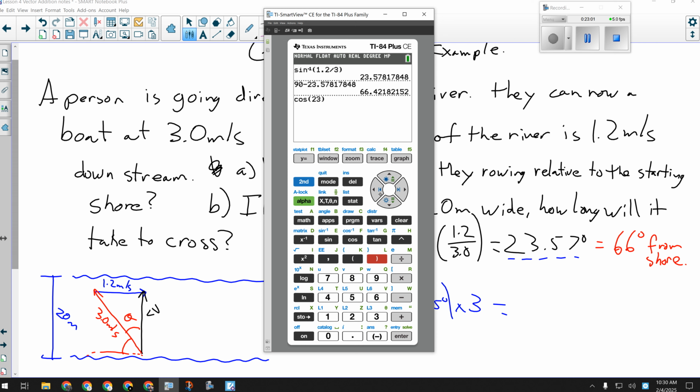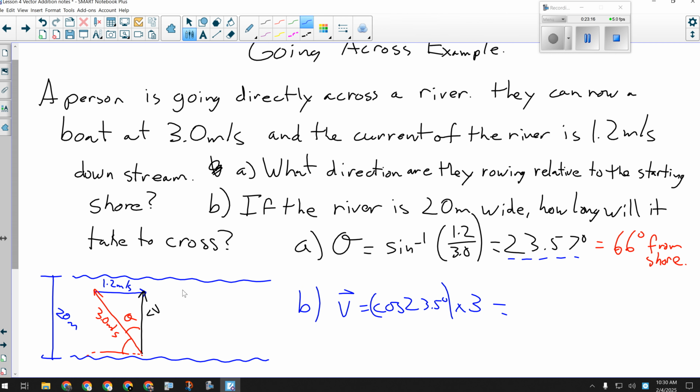But I should probably do what I said I was going to do: times 3. All right, so that side there is 2.75 meters per second. Can I use that along with the distance across the river to find out how long it'll take?